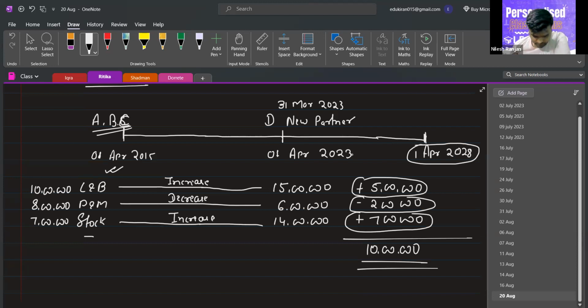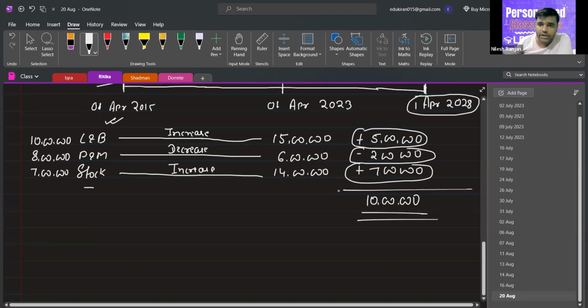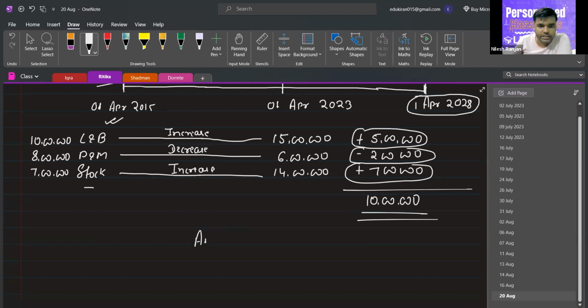Yes, sir. But in future, in April 2028, he will get a share in this when we distribute this profit. So let's say every partner is distributing equally. So A, B, C, and D will get 2,50,000 each. Now, is your answer incorrect here?